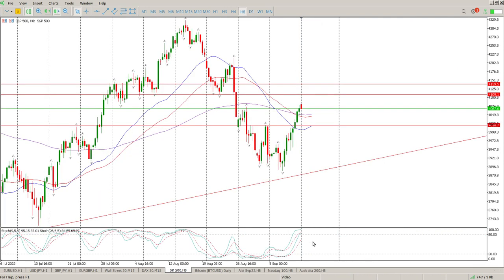So firstly, on the 8-hour, oscillators are starting to get to the upside. Moving averages are flat. There's no indication here that's telling us what's going on. This is not quite done yet. So there's enough juice in the tank, I would think, to get back up to this area. And remember, that was our head and shoulders top.